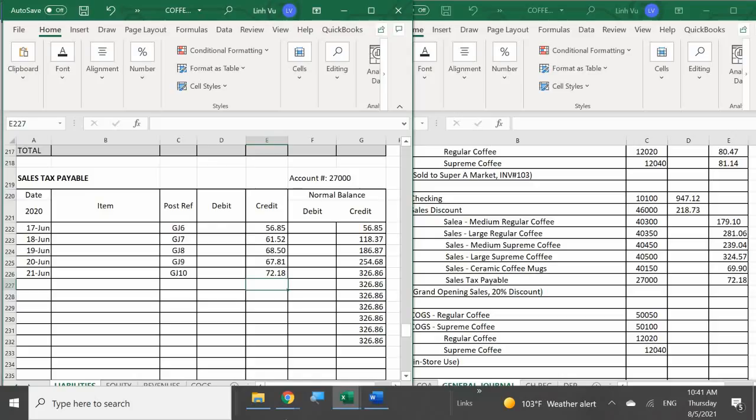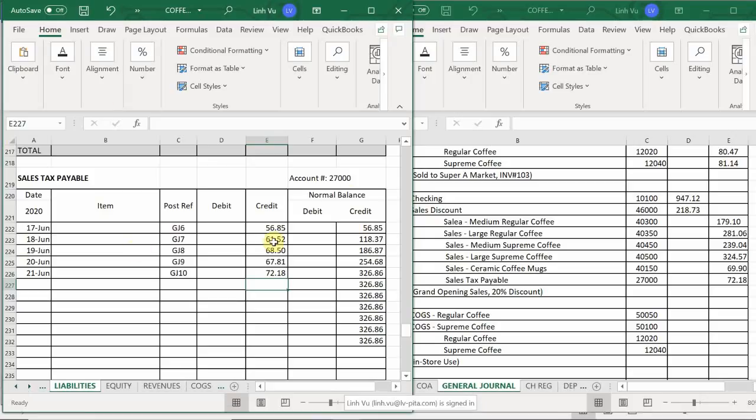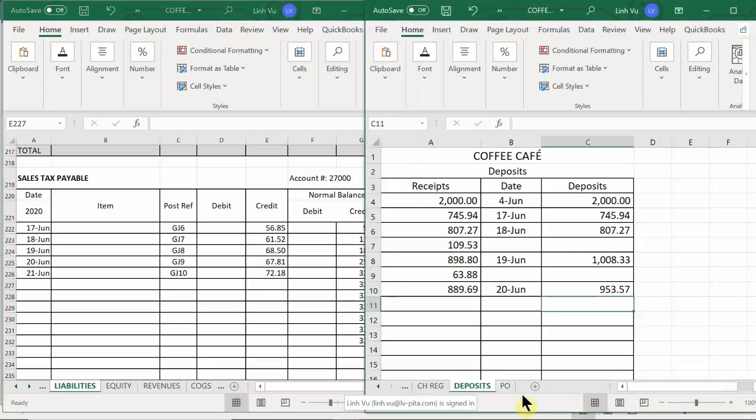All right, so we need to put the checking deposit on our deposit list, right? Okay, good. How much was my cash receipts for? 947.12.